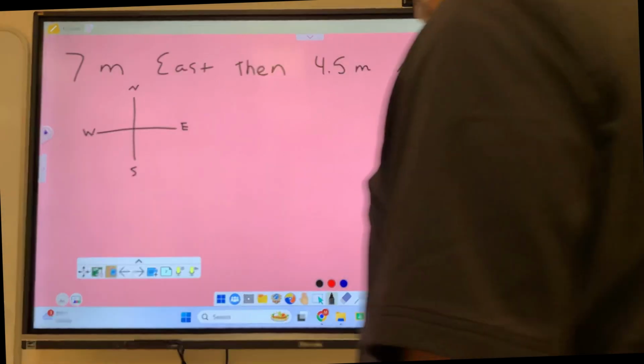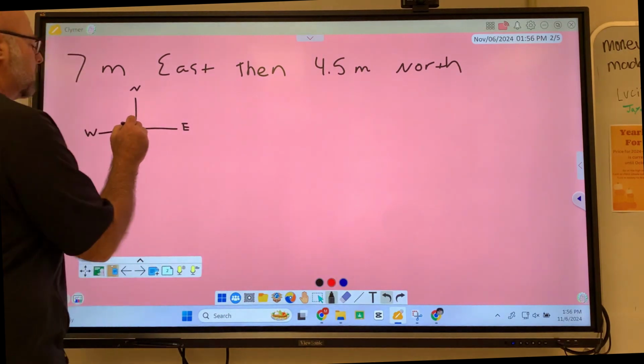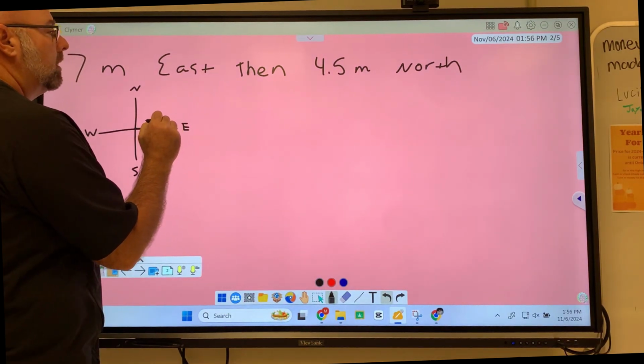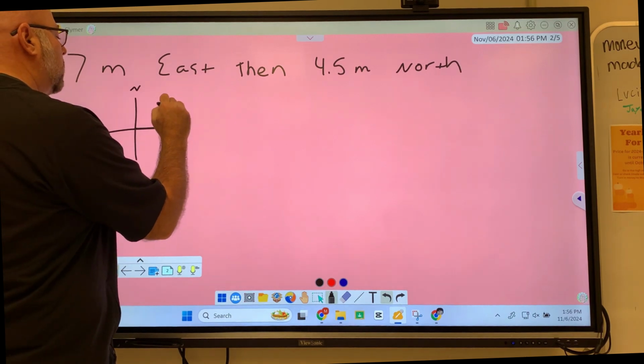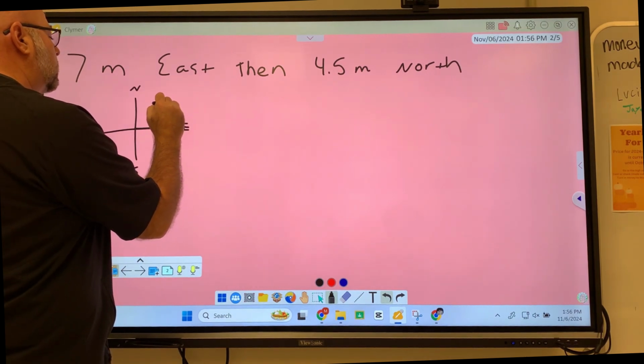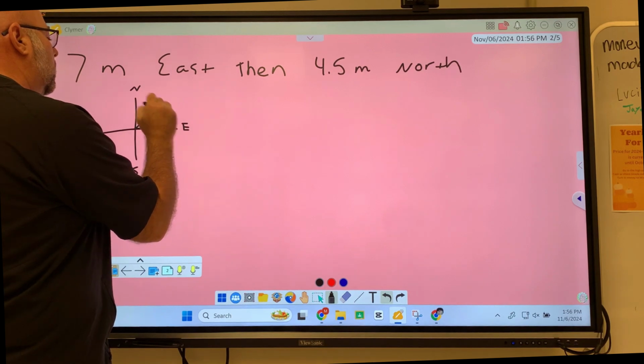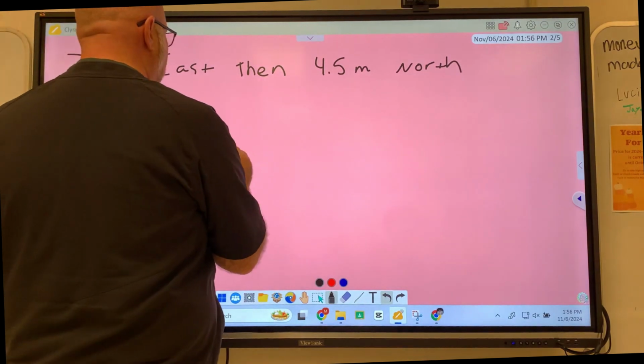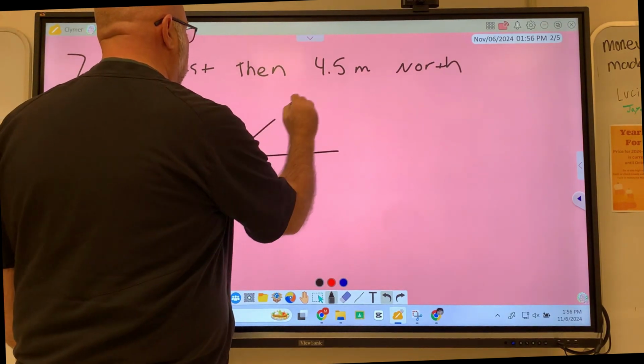So let's look at our journey. We'll call that 7 meters east, and then 4.5 meters north to get to this spot. Draw my resultant angle. Now that I have my triangle, I can redraw it bigger.